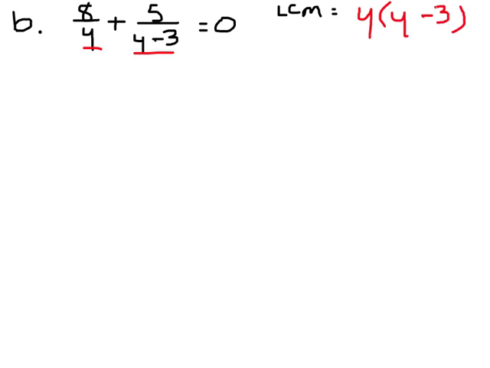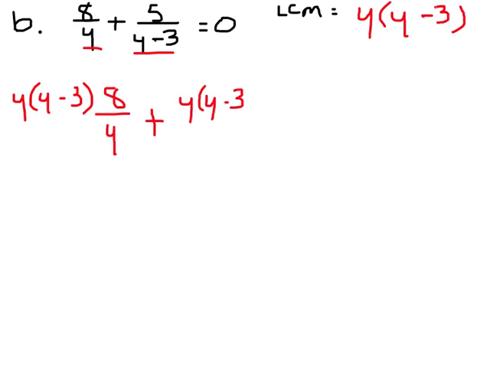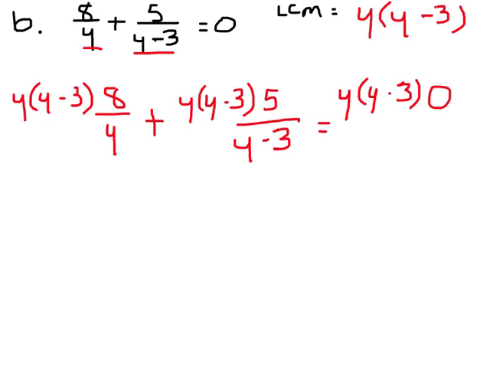So we're going to multiply every one of these three terms by our least common multiple, y minus 3 times 8 over y plus y minus 3 times 5 over y minus 3 equals y minus 3 times 0.